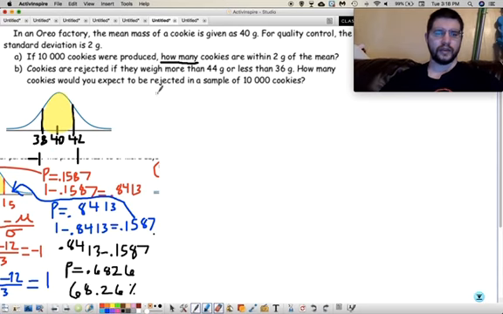Let's see. 10,000 cookies, 68.26%. Multiply those together.